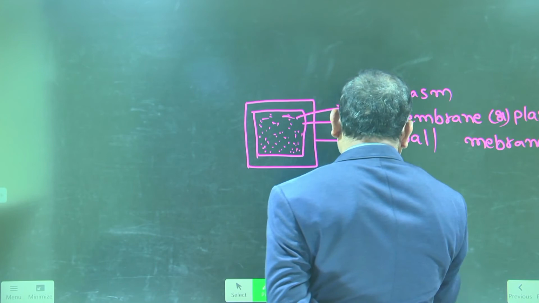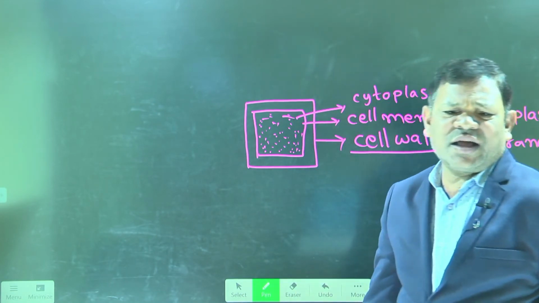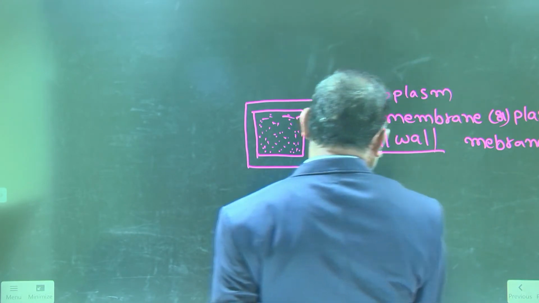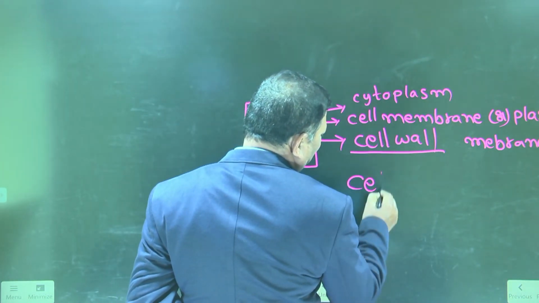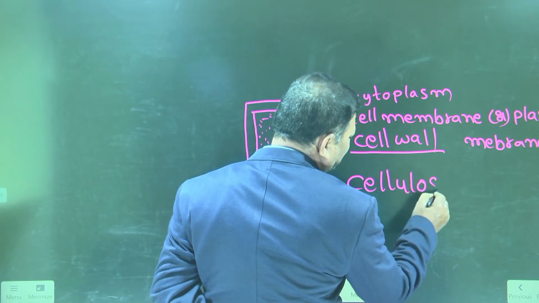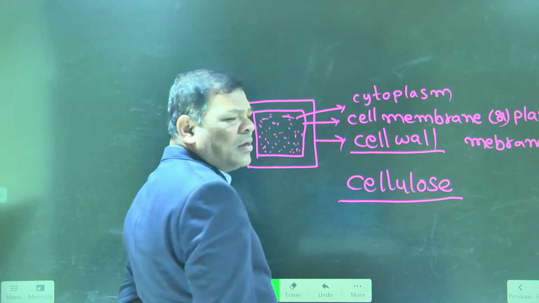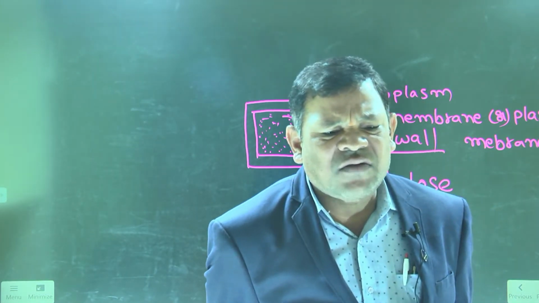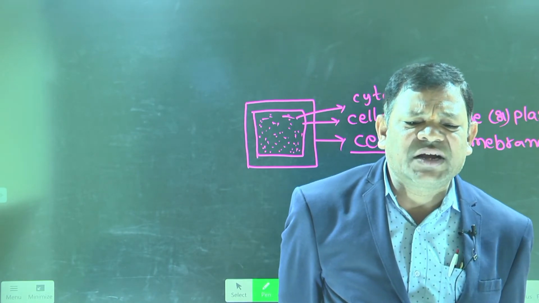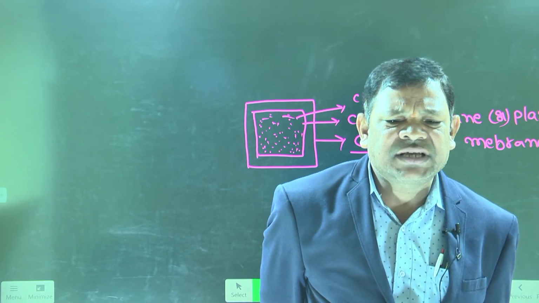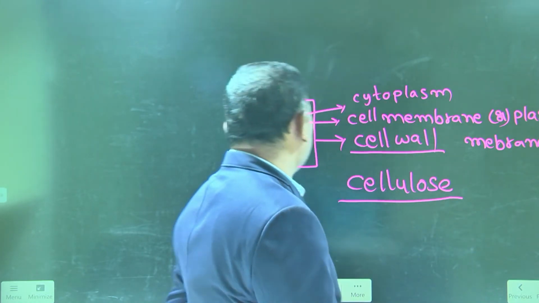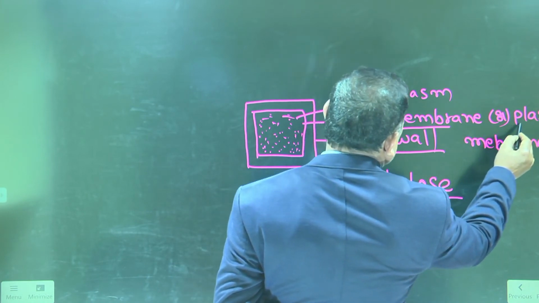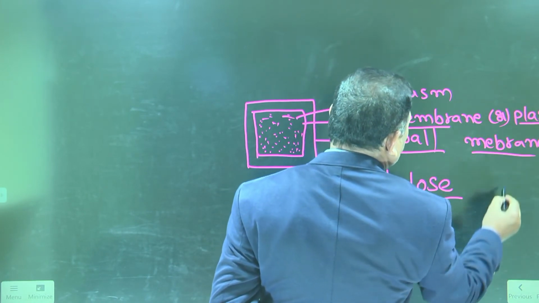In the plant cell, the cell wall is made up of cellulose. In the animal cell, the outermost layer is known as the cell membrane or plasma membrane.